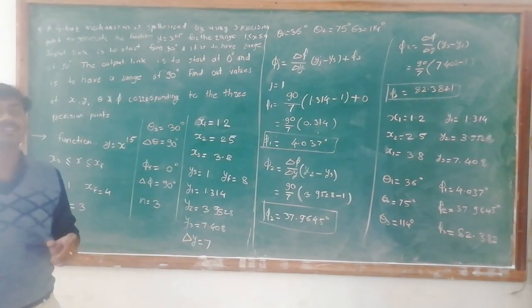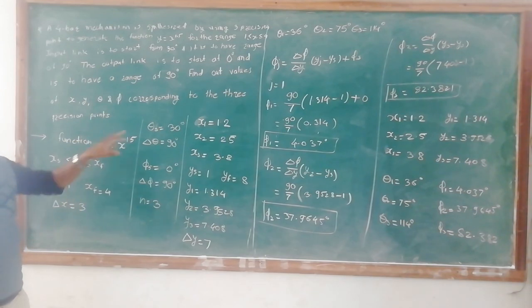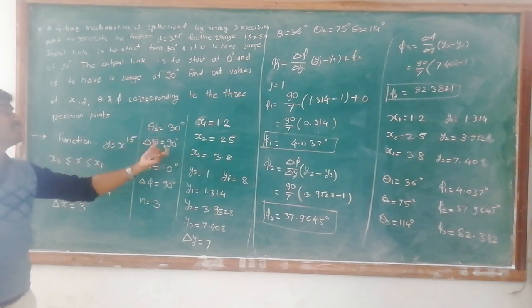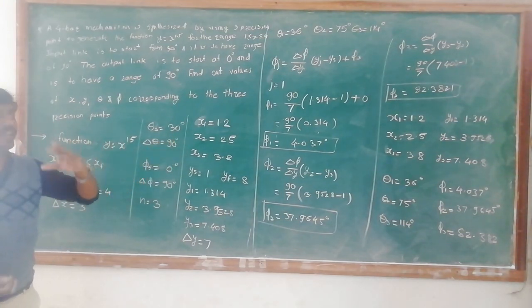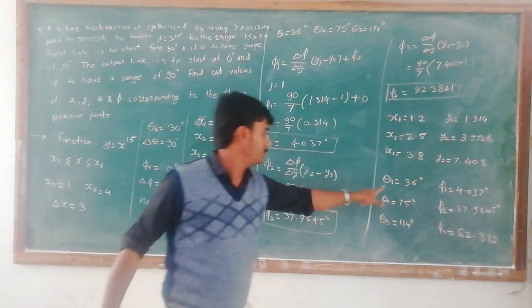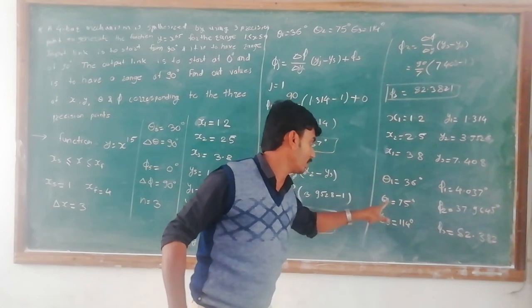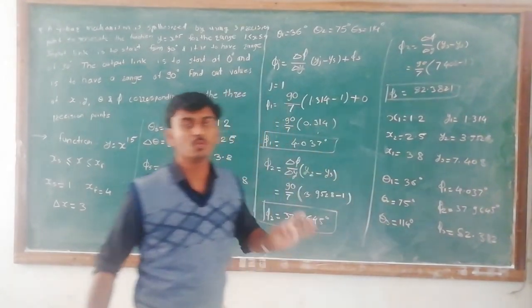Now how to check whether the values of theta are correct? The value of theta starting is 30 and delta theta is 90, meaning 30 plus 90 is 120. So the range of theta is between 30 and 120, and all the values theta 1, theta 2, theta 3 lie between 30 and 120.